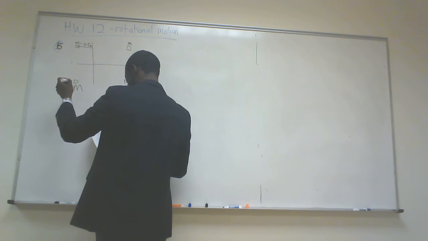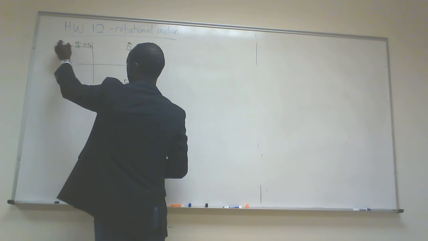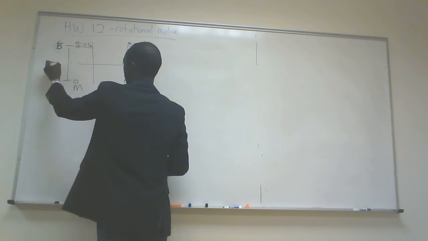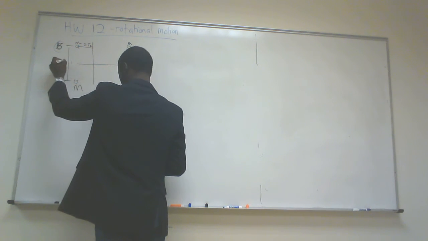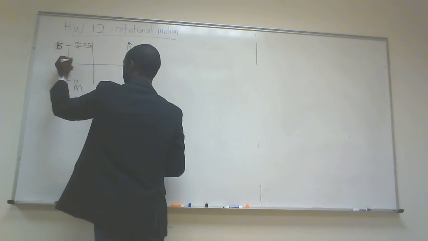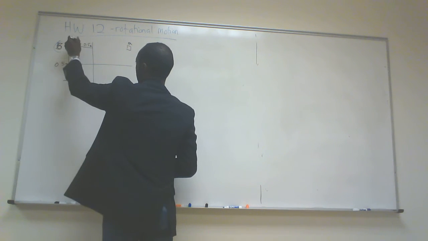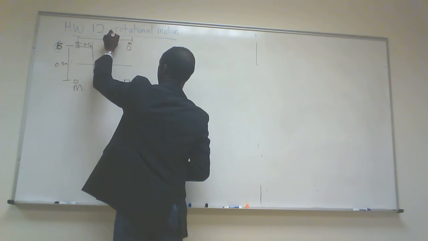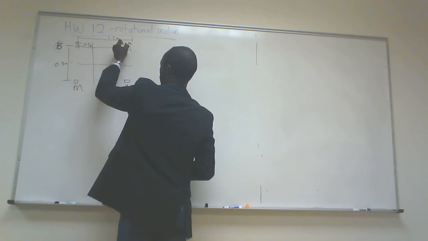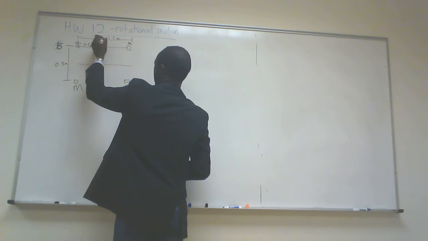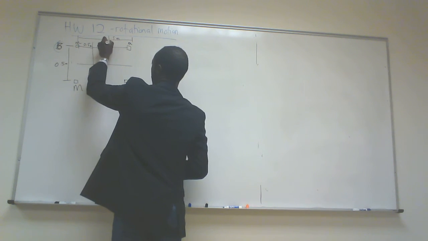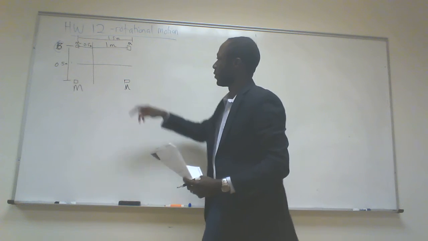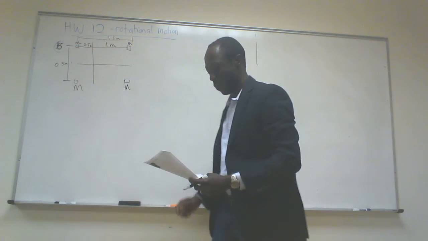And the distance between these two masses here is 0.5 meters. And the total distance between this and that mass is 1.5 meters. So you expect the distance between this mass and this axis here to be 1 meter, so that their sum will give you the 1.5.